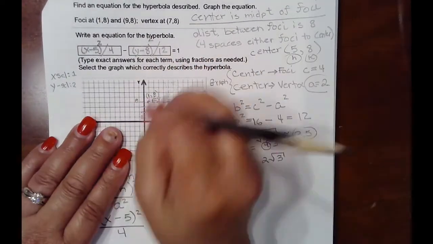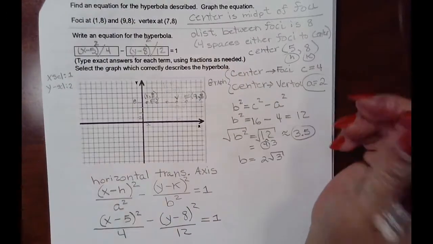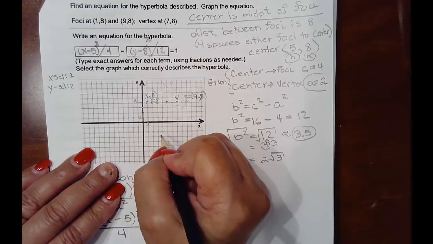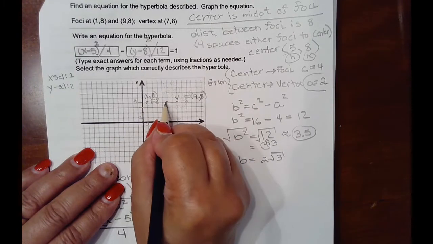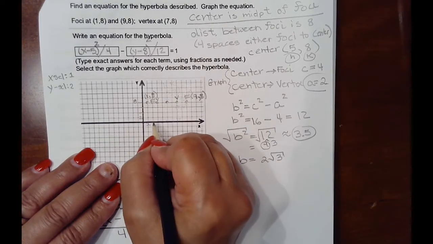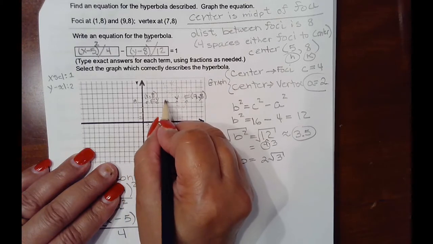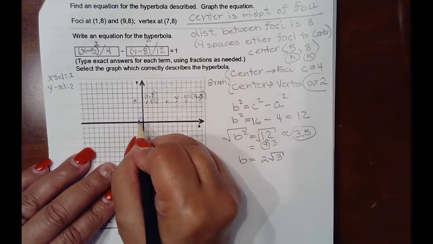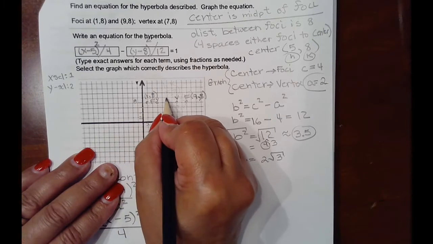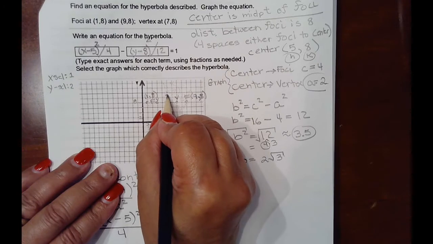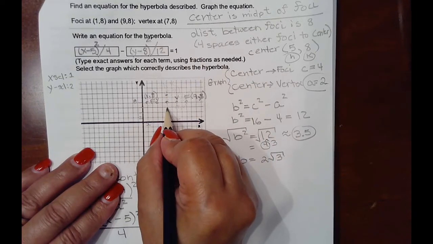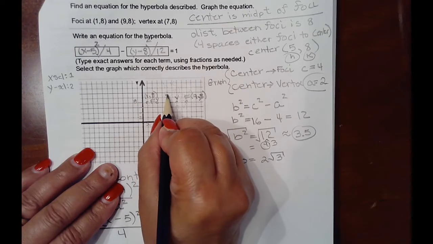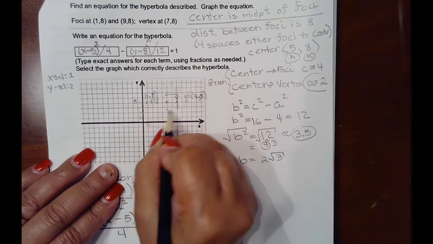Okay, so from this center, it was 2 to get to either one of the vertices, so those will be the sides of this auxiliary box, and then I'm going 3.5 units up, 3.5 units down. So remember, each grid mark counts for 2. So this would be 2, 4, 3.5 would be about right there, and then this would be down 2, down 4, 3.5 would be about right there, and create that auxiliary box.